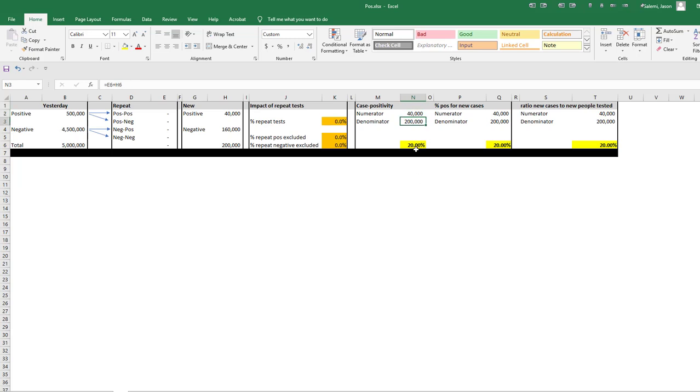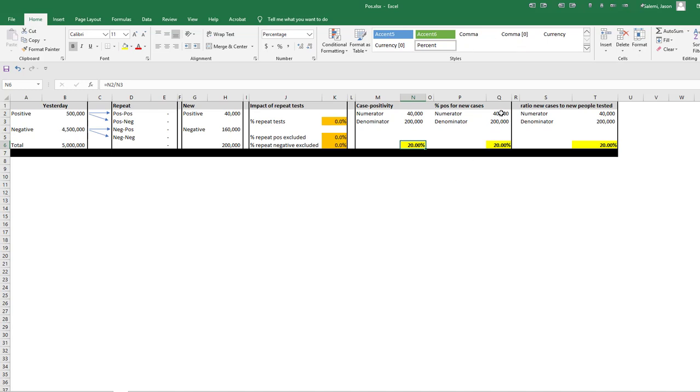Okay, so in this first scenario in which I have no repeat tests, this is certainly not something that's going to ever happen on a day in Florida, but this is our scenario 1. So all 200,000 people that were tested today had never been tested before. They're all new tests. And so again, I would take the total number of those who tested positive divided by the total number tested, and I would come up with 20% case positivity for today.